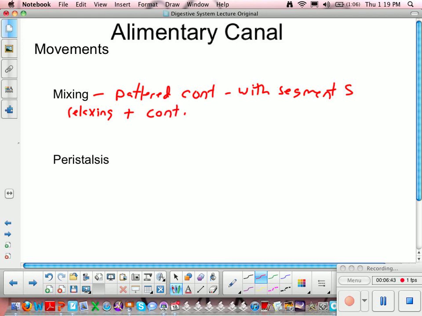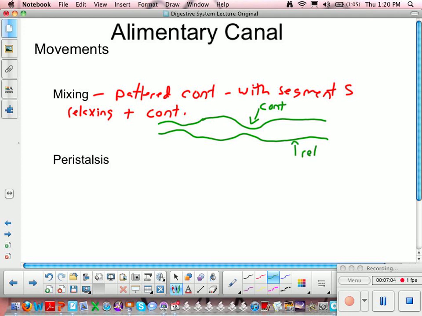So what it would look like in the canal or in an actual tube is you have some that are relaxed and some that are contracted. So this part is contracted while this part is relaxed.